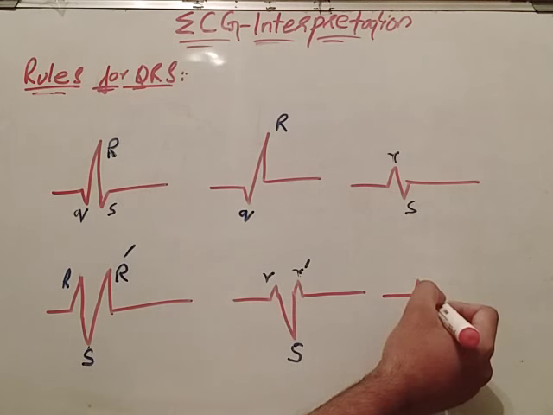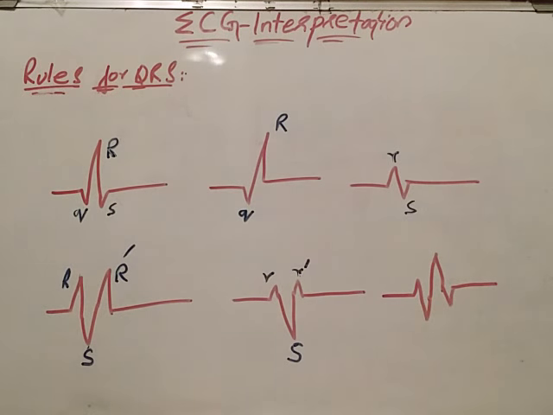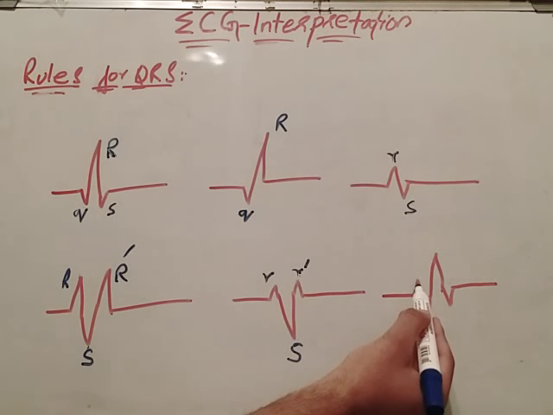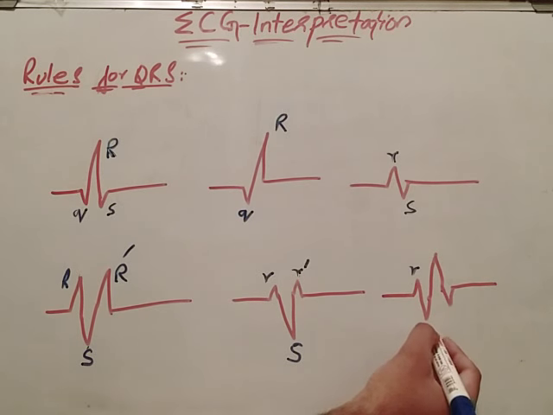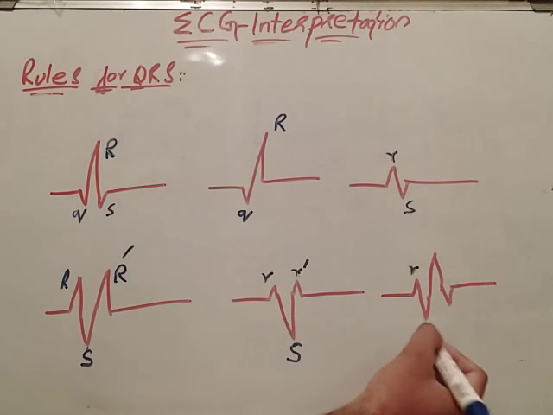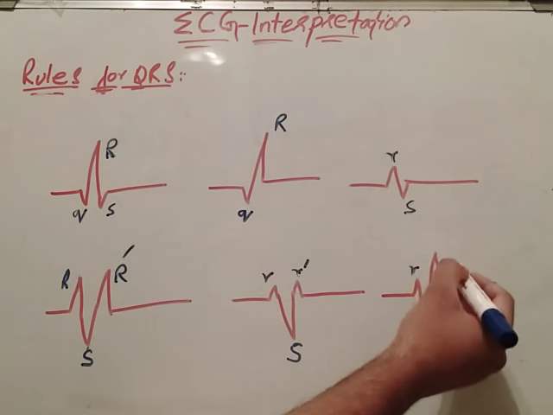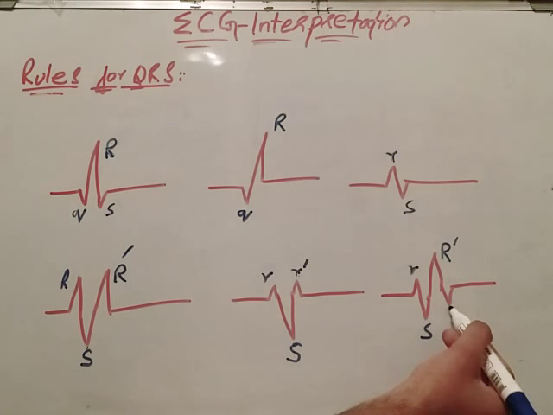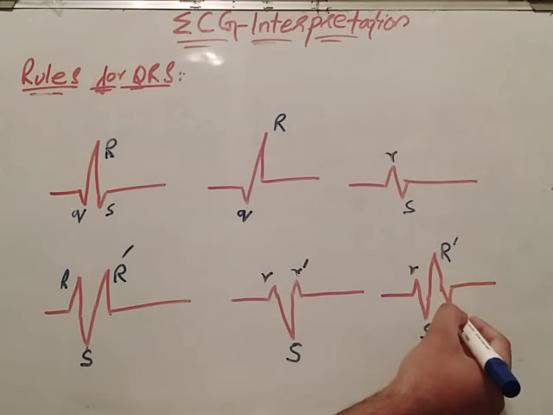Make another graph like this. So here we can see that the first positive is R, the first negative after R is S, the second positive after S is capital R prime, and the second negative after R prime will be S prime.